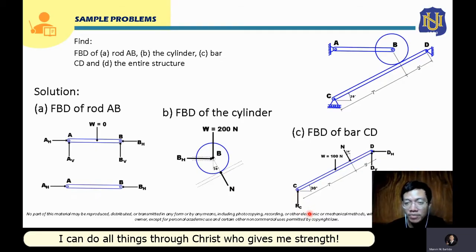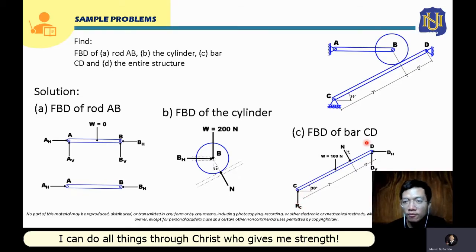We will label it as RC, the reaction at point C. It will be perpendicular to the surface where the roller is lying. Since it is just horizontal, the normal force for this roller will just be vertical here.